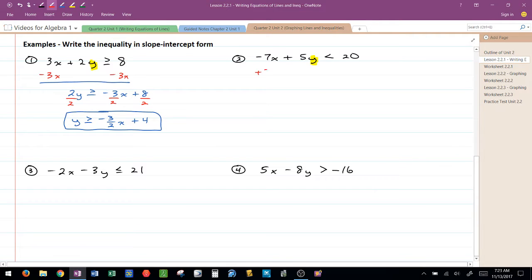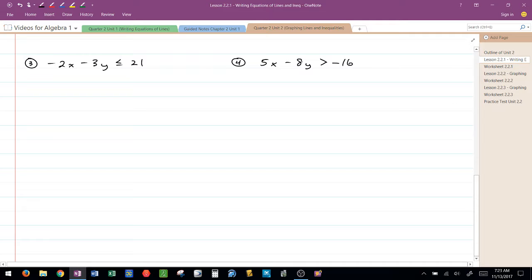So I'm going to add the 7x in this case. And that leaves me with 5y is less than or equal to 7x plus 20. To solve for y, divide everything by 5. And that leaves me with y is less than or equal to 7/5 x plus 20 divided by 5. Well, that simplifies to 4.